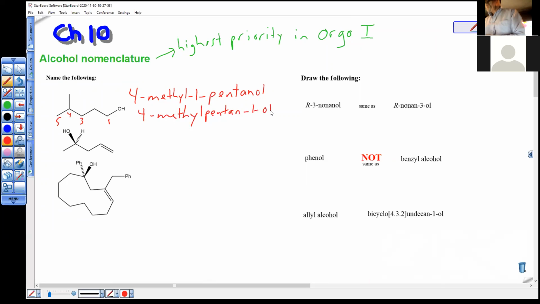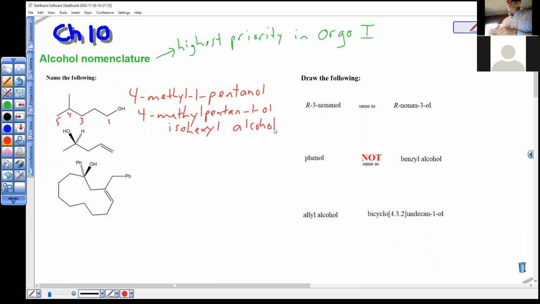I know there's new stuff in there, but is it really new? It's very systematic nomenclature. You can even call it isohexyl alcohol. That would be its common name. Name the group attached to the OH. Add the word alcohol at the end. These are all perfectly acceptable names.